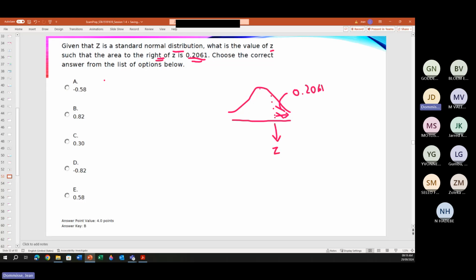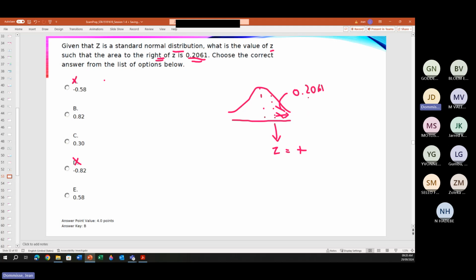Okay, so first we can see that Z value is going to be positive. So that already is one thing. So again, in the exam, if I draw that, I will say, okay, must be positive. It's not A, it's not D. Then at least if I need to guess, it is between three numbers and not five numbers.